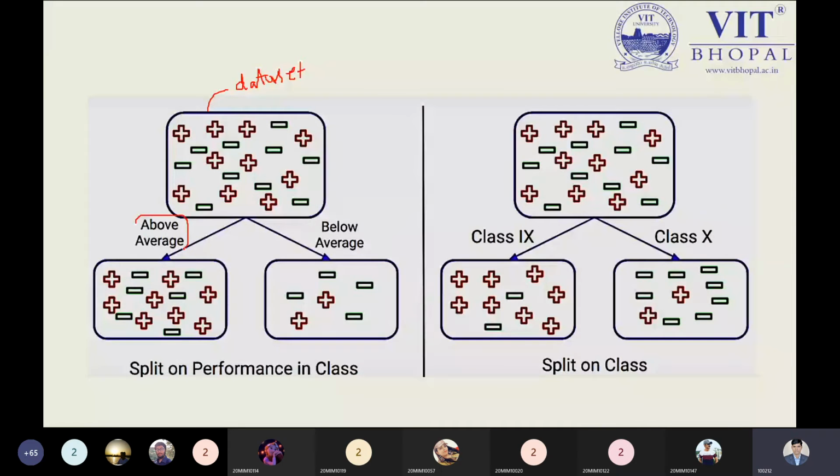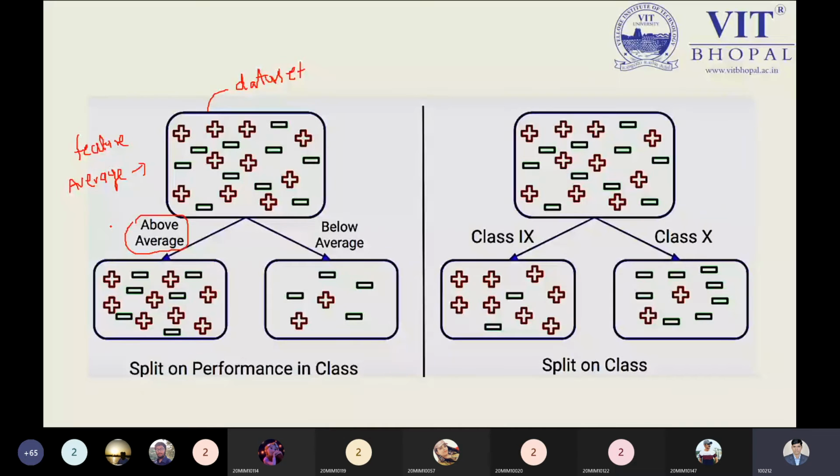So I'm choosing the average feature. My feature name is average. So average would be my feature at the root node.